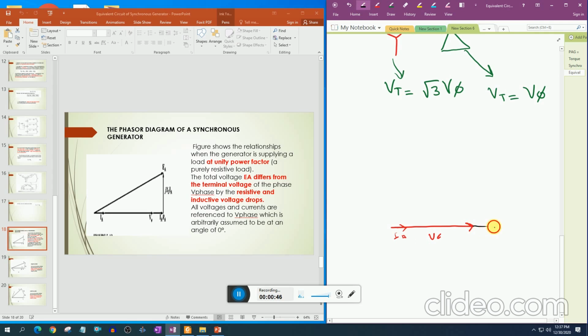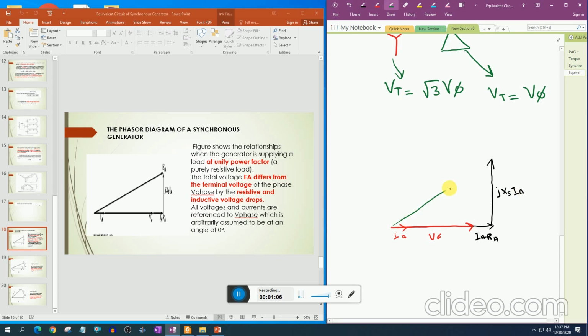The resistive drop in the winding is given as Ia Ra, and the synchronous reactance drop is minus j Xs Ia.